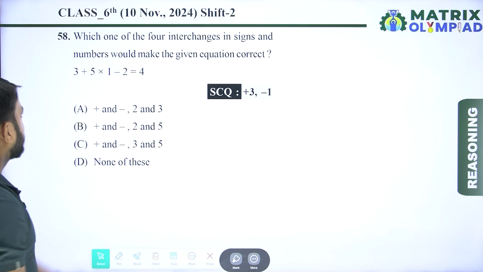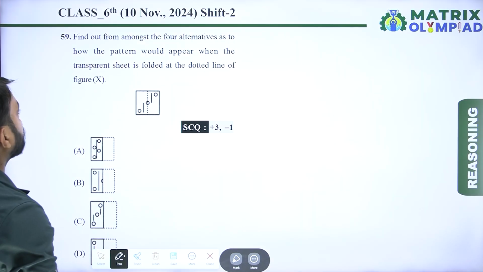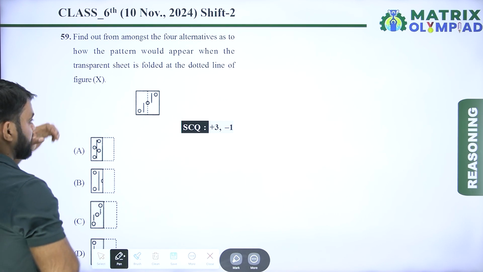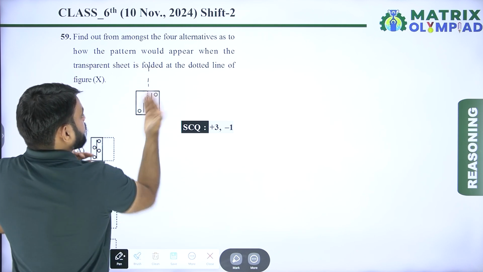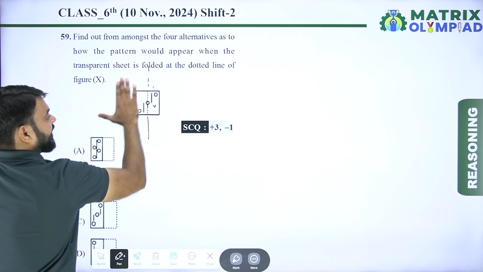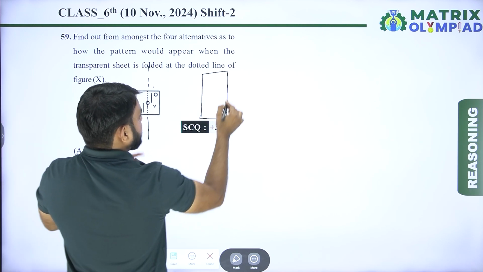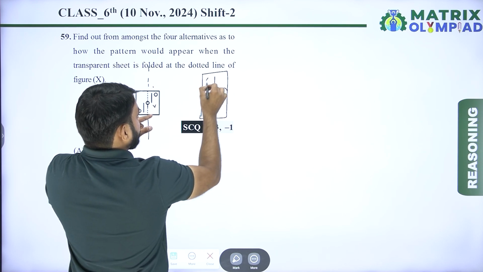So let's move on to the next question. Now the next question is question number 59. Find out from amongst the four alternatives how the pattern would appear when the transparent sheet is folded at the dotted line of figure X. When the transparent sheet is folded along the dotted line, the image of the sheet will look something like this.